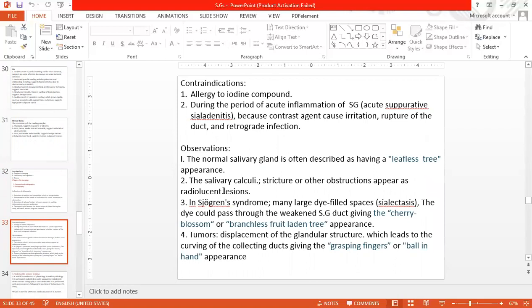In case of acute suppurative cellulitis, sialography is contraindicated, while for the other cases the option is observation. As you know, a normal salivary gland is often described as having a leafless tree appearance. A salivary calculus, stricture, or other obstruction appears as a radiolucent lesion in the radiograph, and as I said before, Sjogren syndrome appears as a cherry blossom or branchless fruit-laden tree appearance.